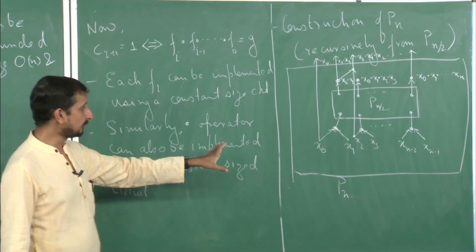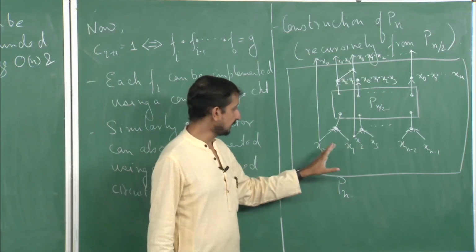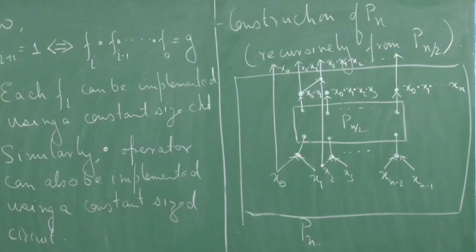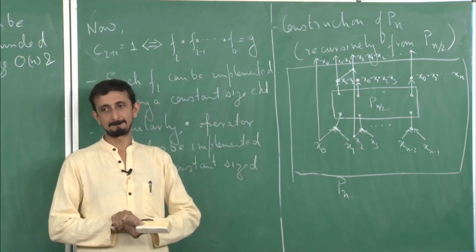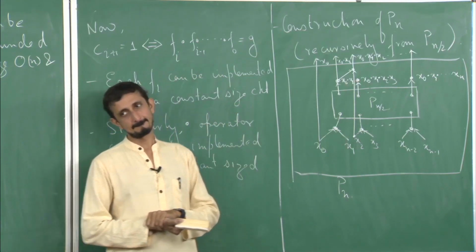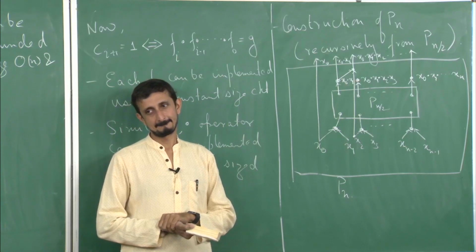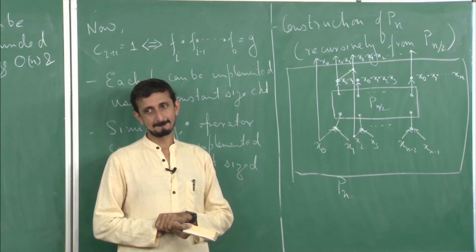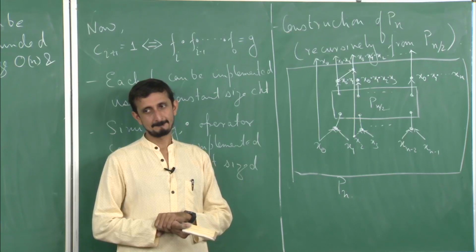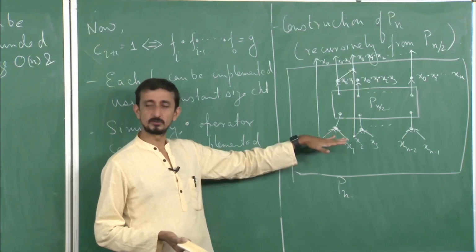Pn by 4, it will be basically x0, x1, x2, x3 will be the first one. It will be 4 together. Then for the next one, the second input will be 4, 5, 6, 7 and so on. You are going to use these inputs now.